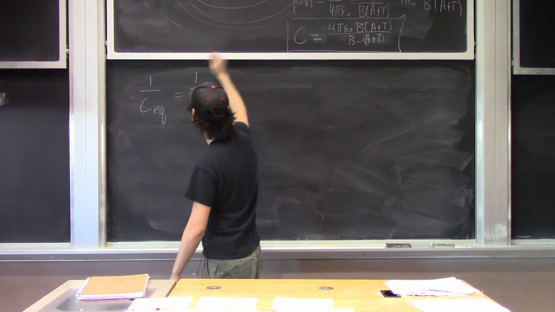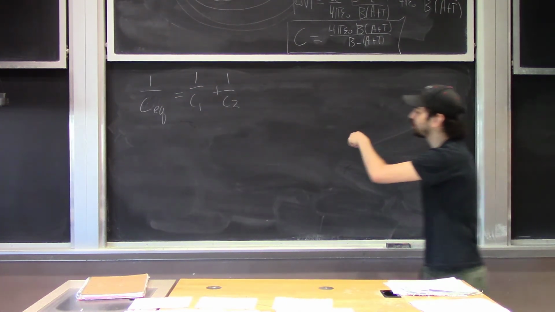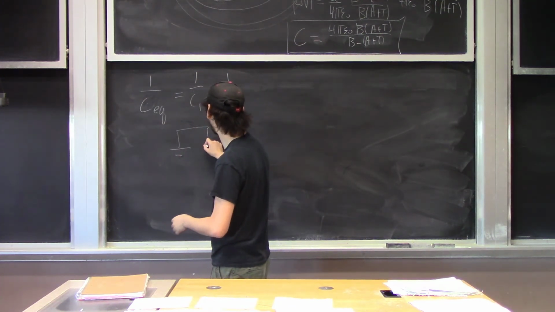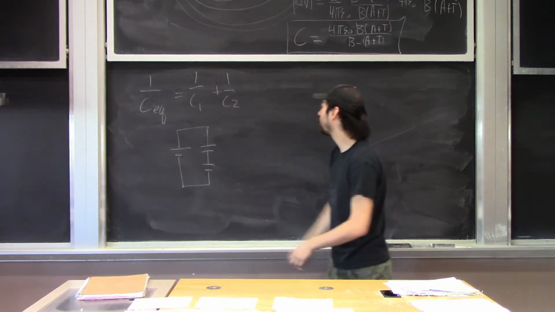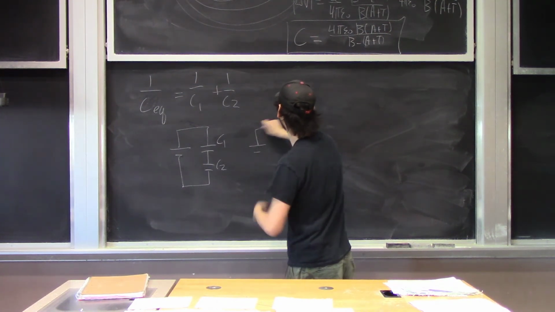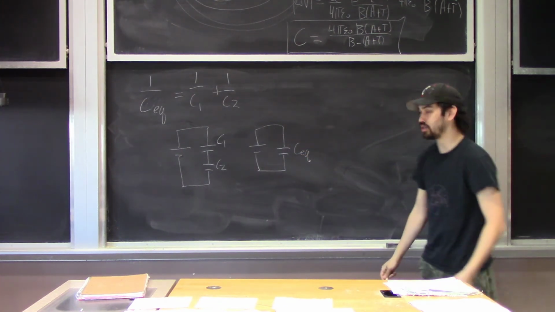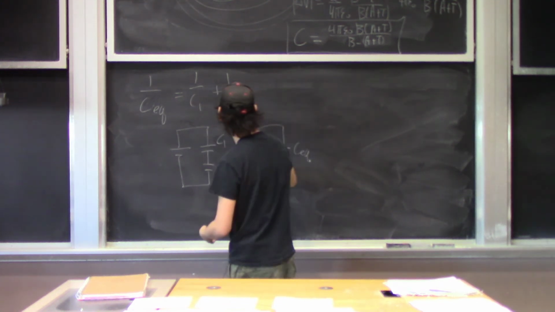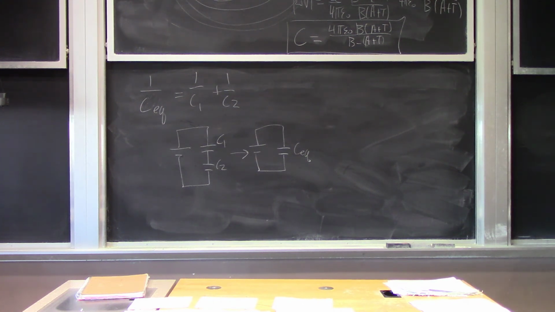Now, to give you some context in how you can think about this in terms of circuit diagrams, what this really says is if I have some battery or some source of potential, and I want to add these together, this can be written equivalently as another circuit that only has one capacitor, with some capacitance of C_eq. So it's really a matter of saying, I have the system where I have two, I want to write it in a way that I have a system with just one. Okay? Any questions about this?